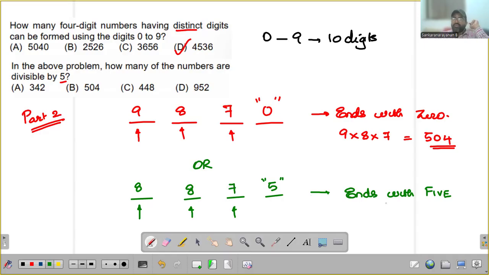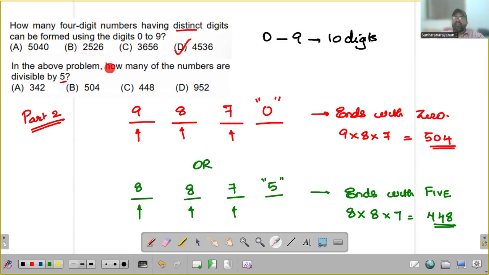So that ends with 5. The number of ways it happens will be when I take care of the thousands position and the hundreds position and the tens position. So it will be 8 into 8 into 7. I can see 8 into 8 into 7 will come as 448. So that ends in 5. 448 ways are there.